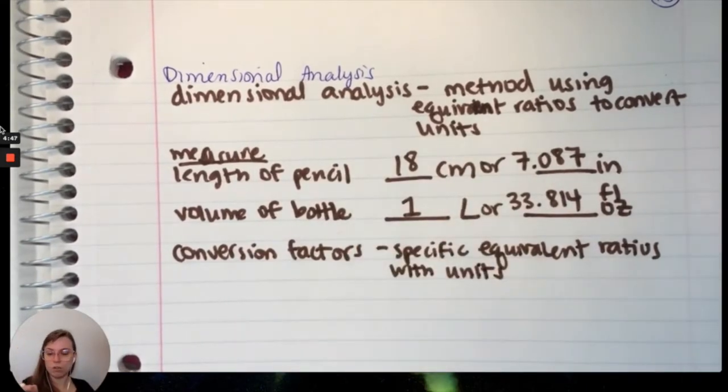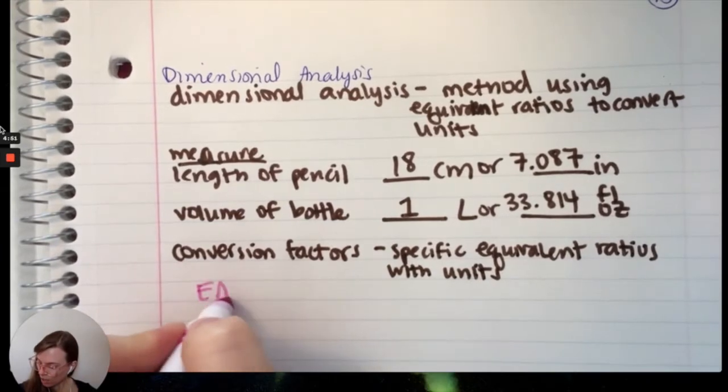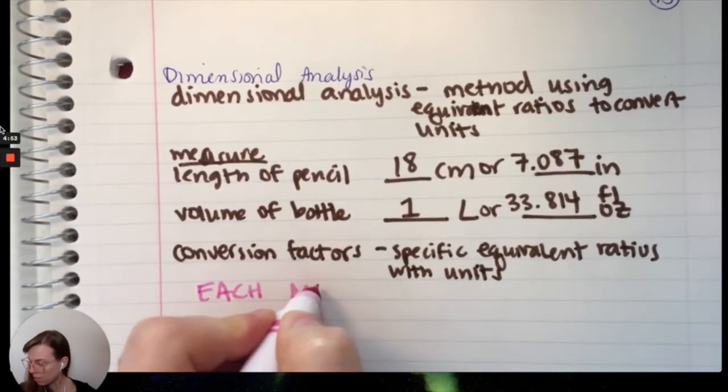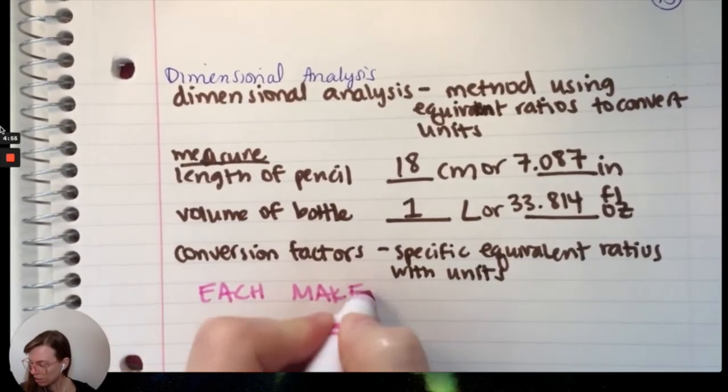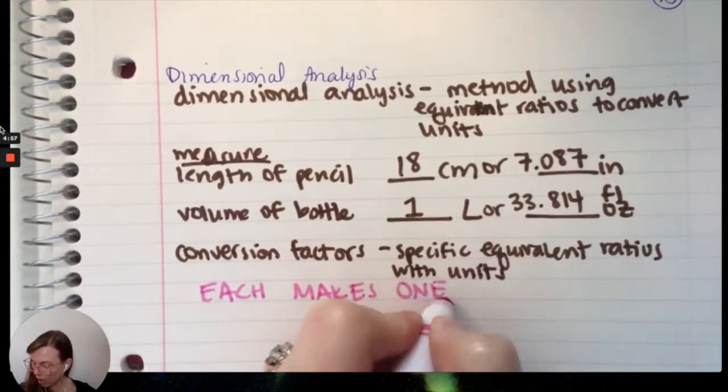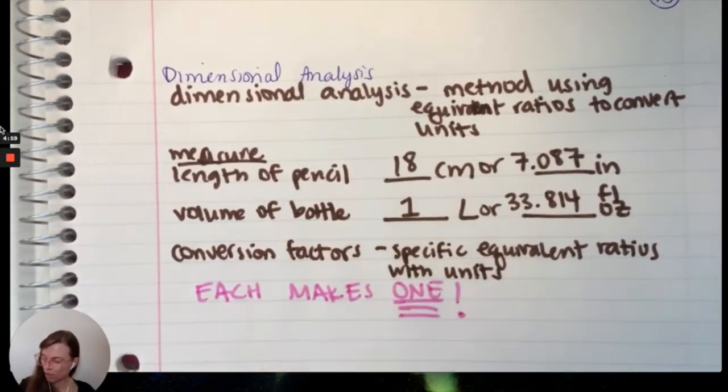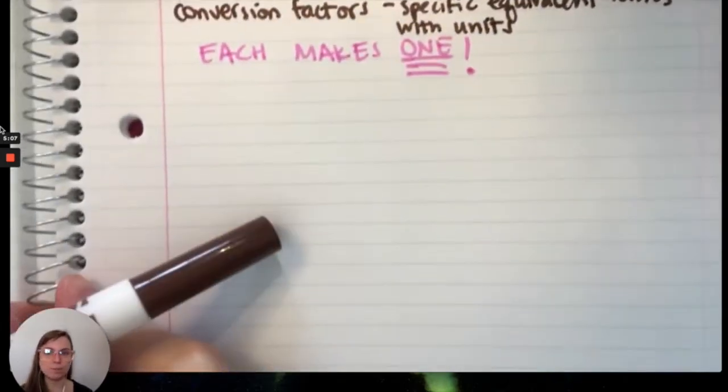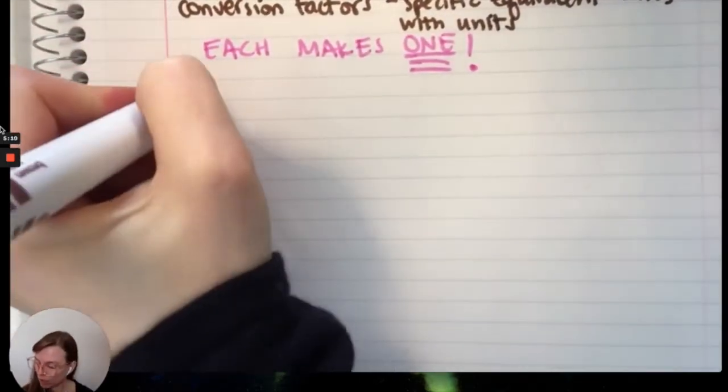And I'm going to write this in all caps. Each makes 1. If we divided them, it would be 1 because they are equivalent. So we're going to write a bunch of them. And then we'll put them all in a bubble.